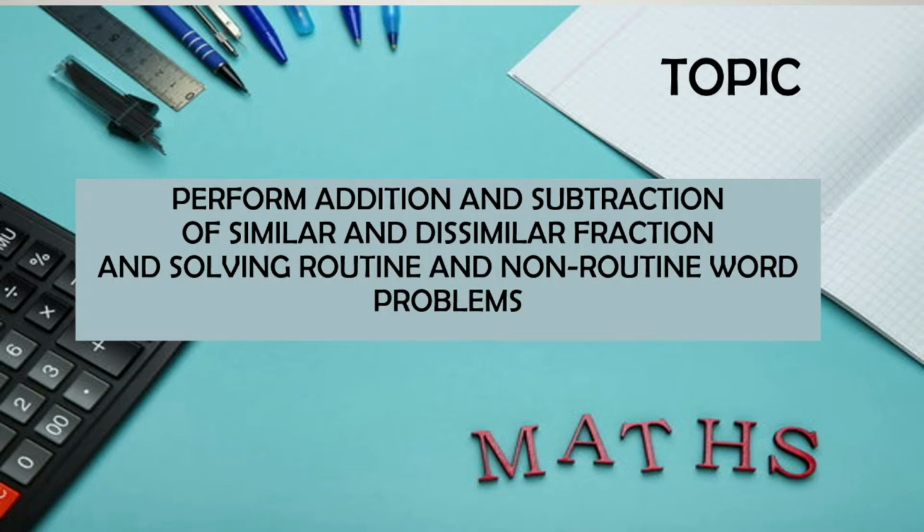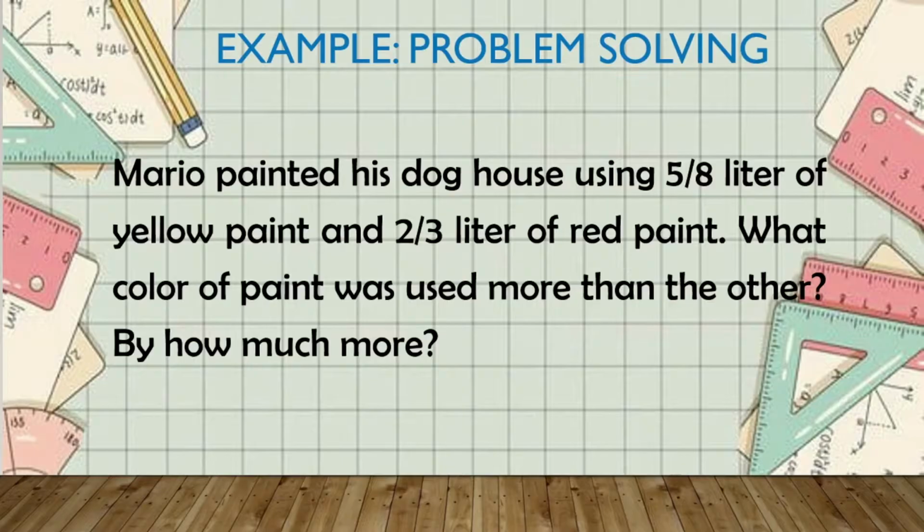We are going to solve and show the solution and the answer. Then, since these are similar and dissimilar fractions, we need to draw, okay, to visualize the fractions and how we get the answer. Okay? So, let us have this first topic.